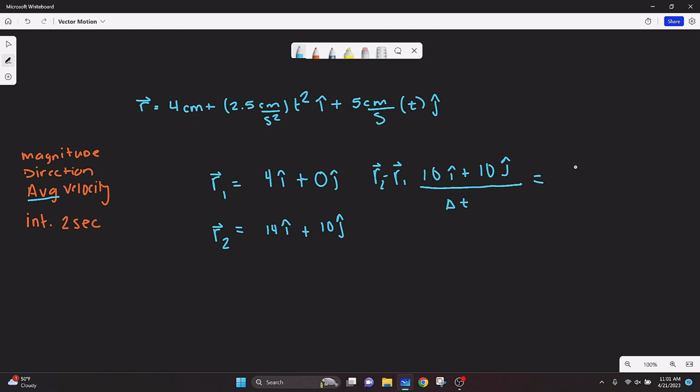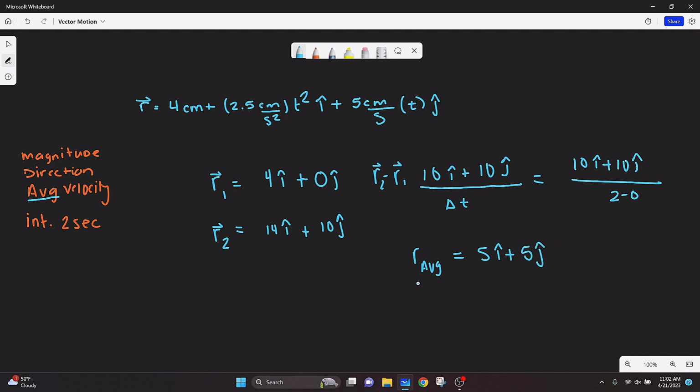So 10 i hat plus 10 j hat divided by 2 seconds, where 2 minus 0 equals 2 seconds. So 5 and 5. Our average velocity is equal to 5 i hat plus 5 j hat.